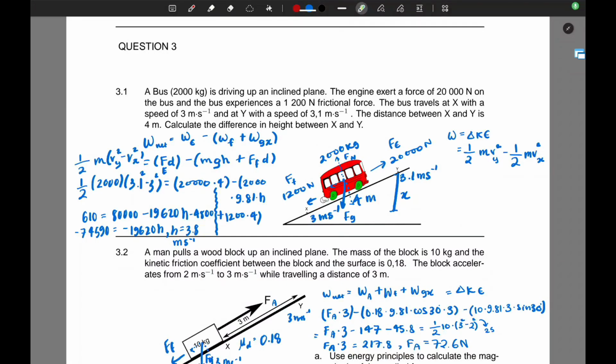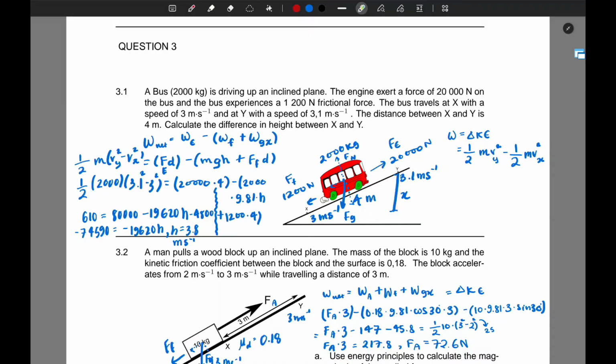For this question, a bus is traveling up an inclined plane. So, to explain the mark scheme here, I've drawn the free body diagram with all of the forces: the normal force, the gravity, friction, the engine force, and the distance.